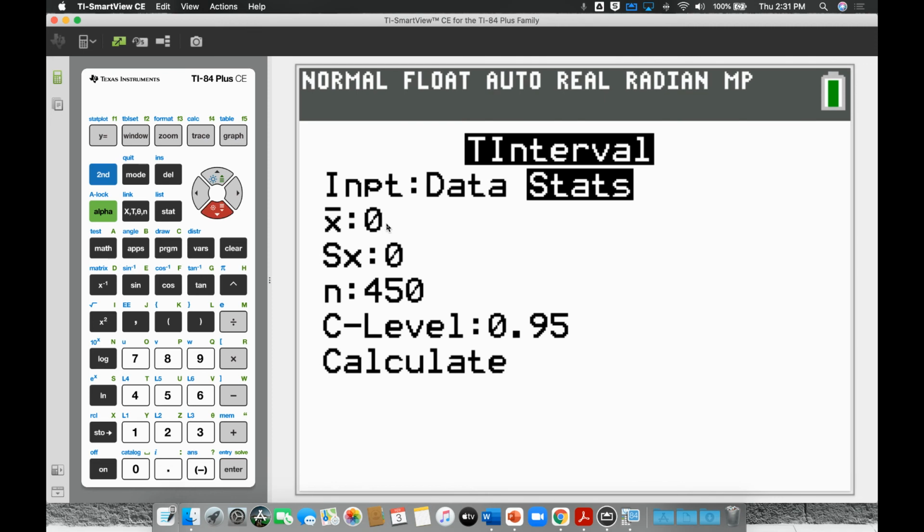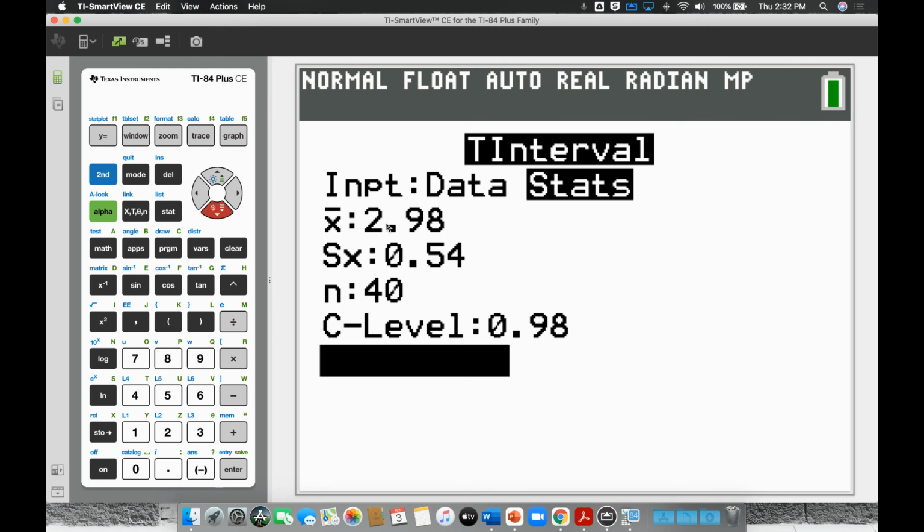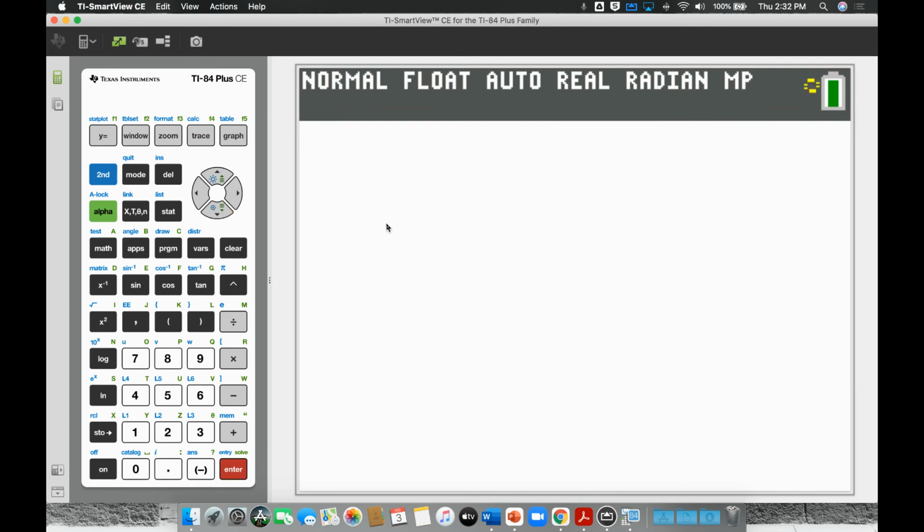So here we go. X bar was 2.98. Standard deviation was 0.54. Sample size was 40. Confidence level, 0.98. Calculate.